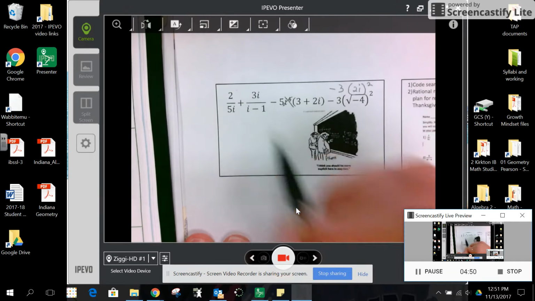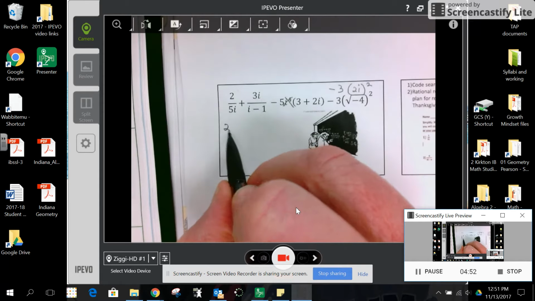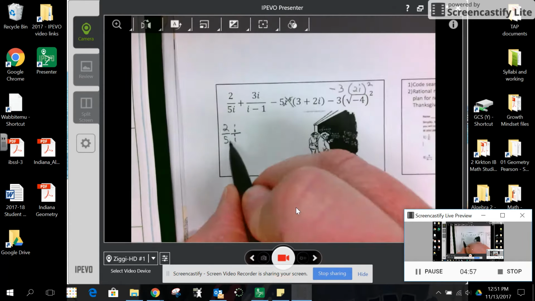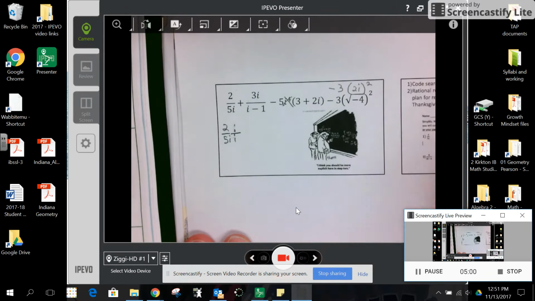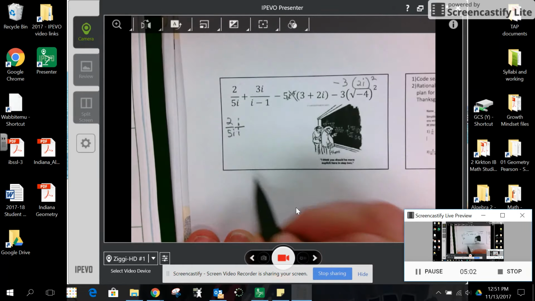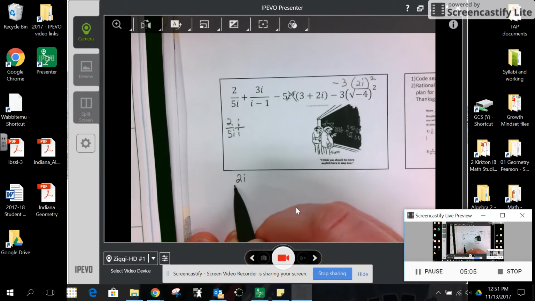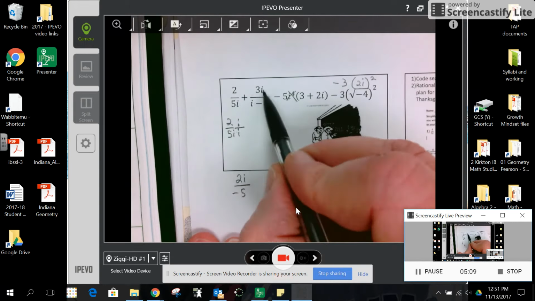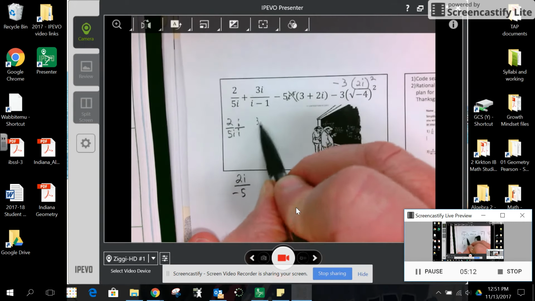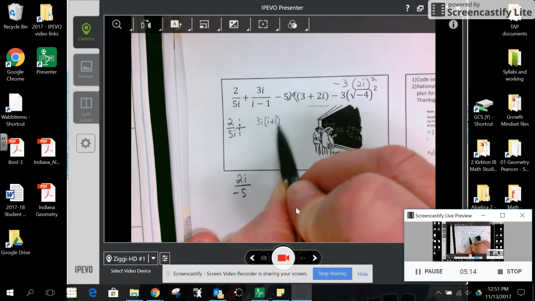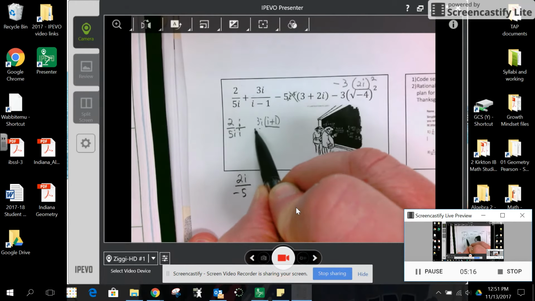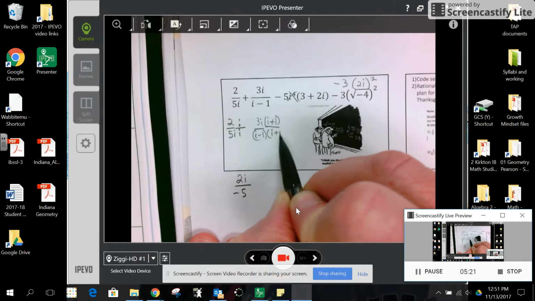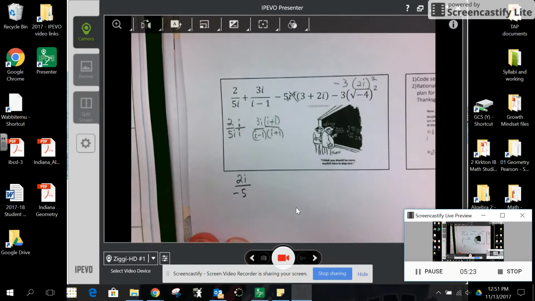So I got two different things here. I don't want to combine those fractions. I want to just get rid of the i in the denominator. So I multiply that one by i over i. So that leaves me with 2i over negative 5. I'm going to multiply this one by i plus 1 over i plus 1, which is the same as 1.